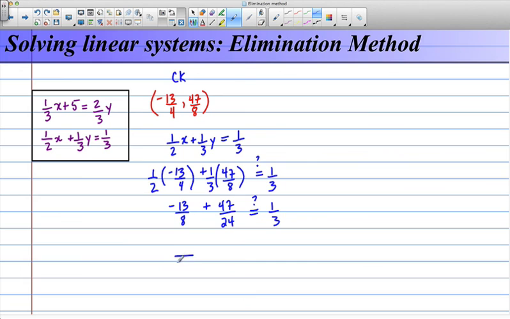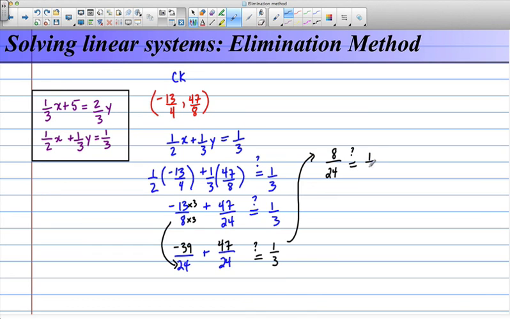Common denominator is a 24. What did we multiply the 8 by to get 24? It was times 3. So we need to do that to the top. Negative 39. And we had 47. Does that equal 1/3? So we have a positive 8/24. Does that equal 1/3?